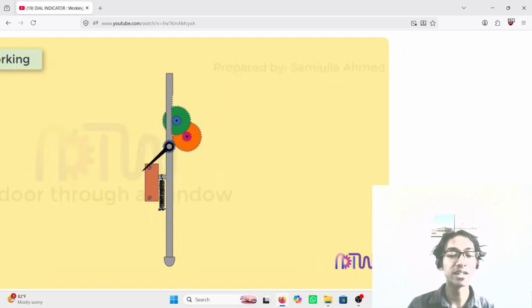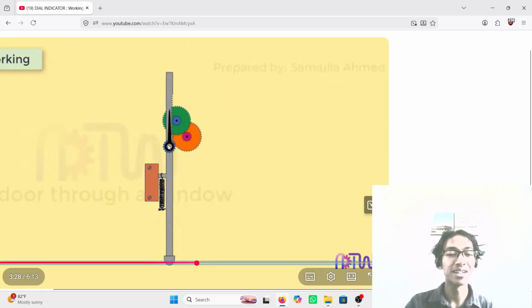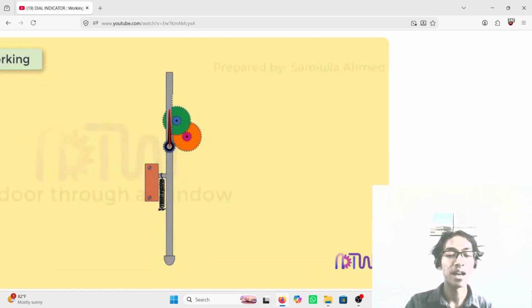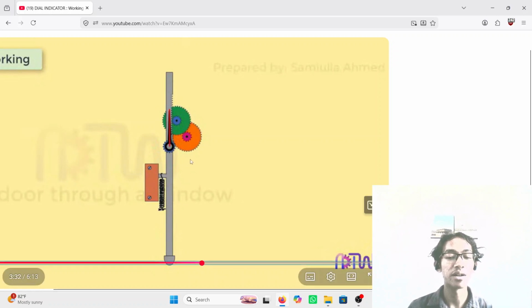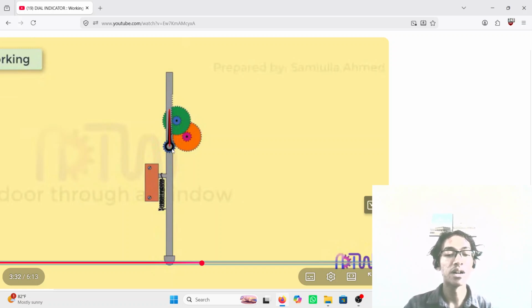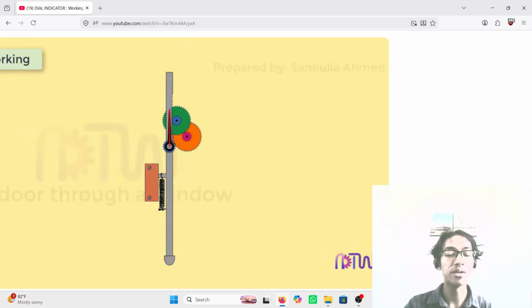And finally, gear D meshes with pinion E, and this pinion E is mounted on the exact same central shaft as the main pointer indicator. Because of the sequential gear ratios, a microscopic linear lift of the plunger results in pinion E and the pointer sweeping significantly across the graduated scale.